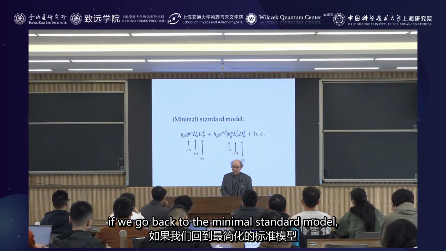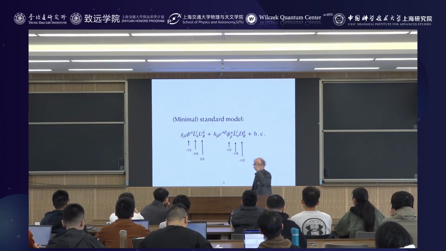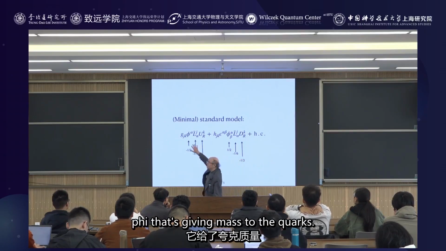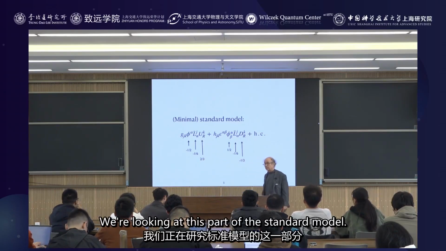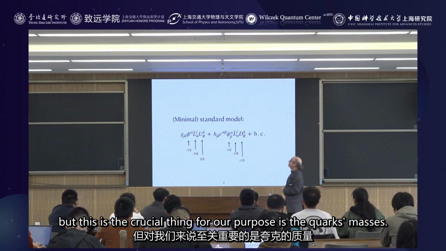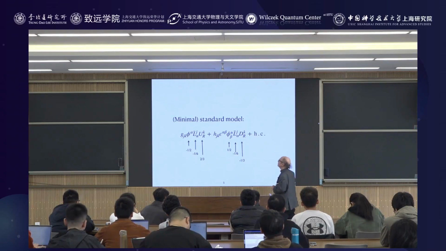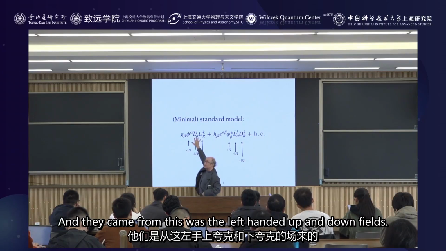So if we go back to the minimal standard model, we had, remember, a Higgs field phi that's giving mass to the quarks. So we're looking at this part of the standard model. There are other parts, but this is the crucial thing for our purpose, the quark masses. And they came from the left-handed up and down fields.